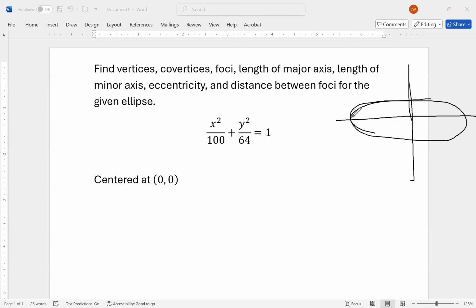So the vertices are going to be at the ends of the ellipse, at the ends which, in this case, touch the x-axis. Now, the number below the x squared is 100. So what that means is that a squared is equal to 100. So a has to be 10.